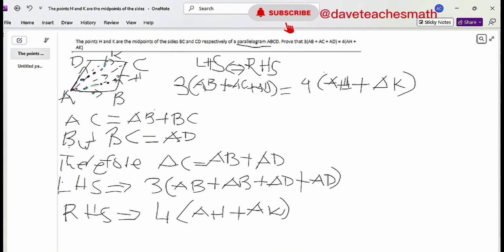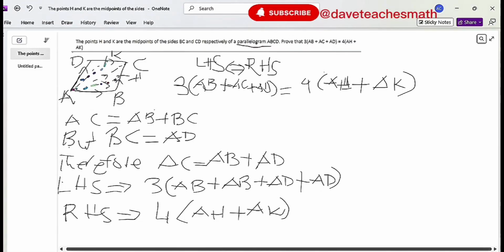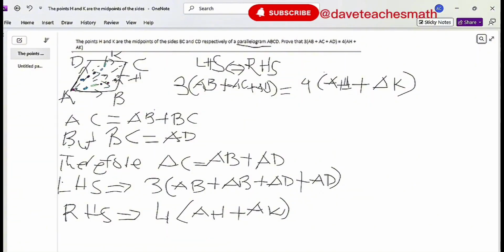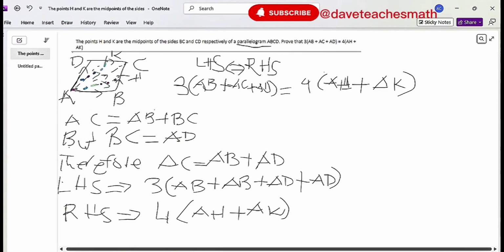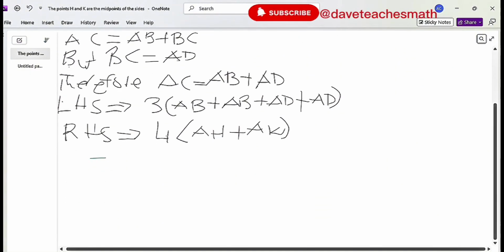AH also has an arrow going this way, and AK is also going this way because you are moving from A to K, and from A to H. We can establish by the laws of parallelogram, or by vector addition, that AH is equal to AB plus BH, and AK is equal to AD plus DK.